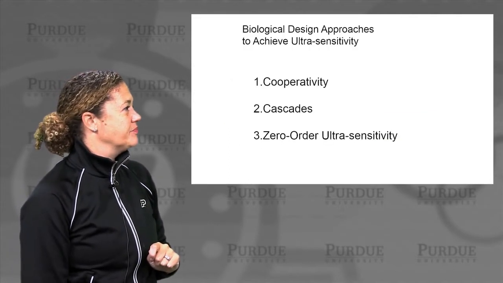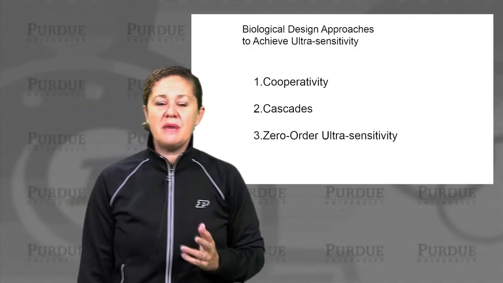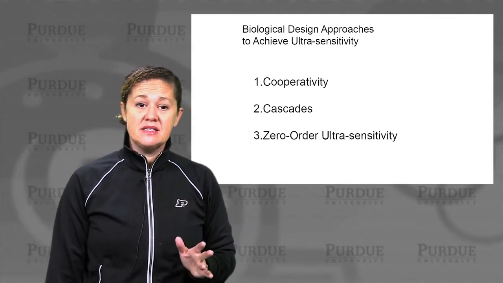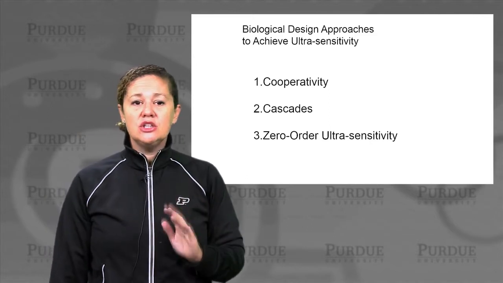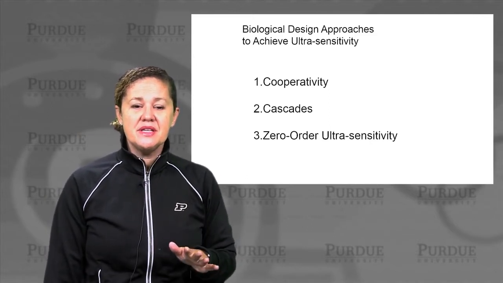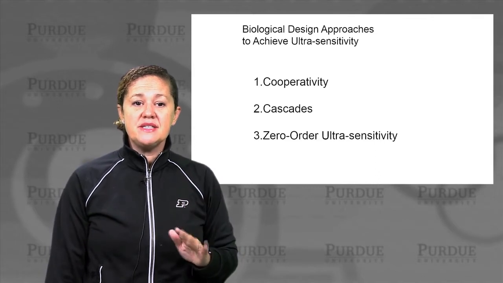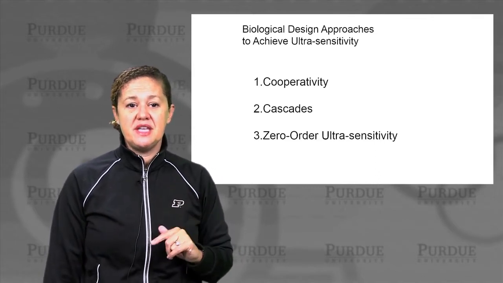Okay, so now that we've defined what ultrasensitivity is, let's look at some biological examples and particularly look at some of the biological design approaches that can be used to achieve ultrasensitivity.